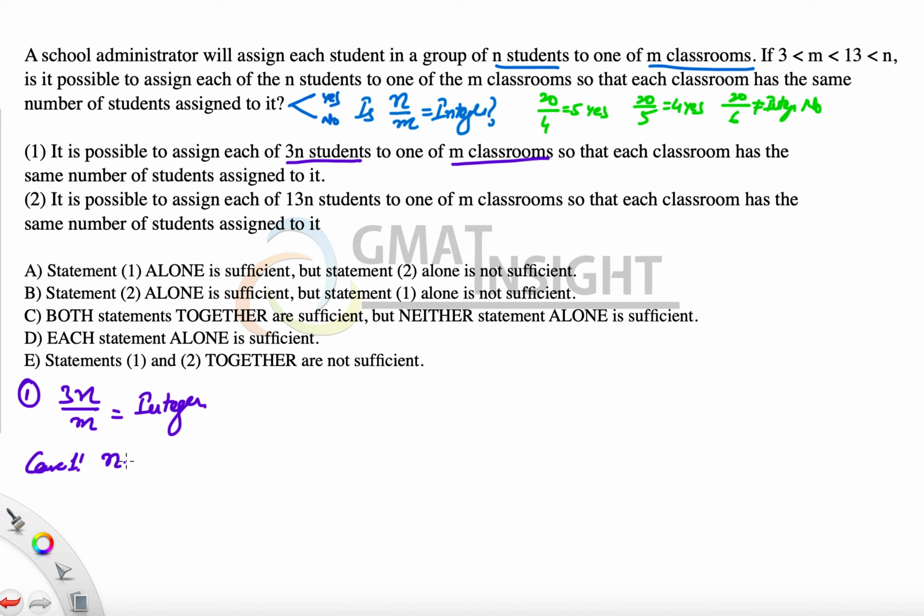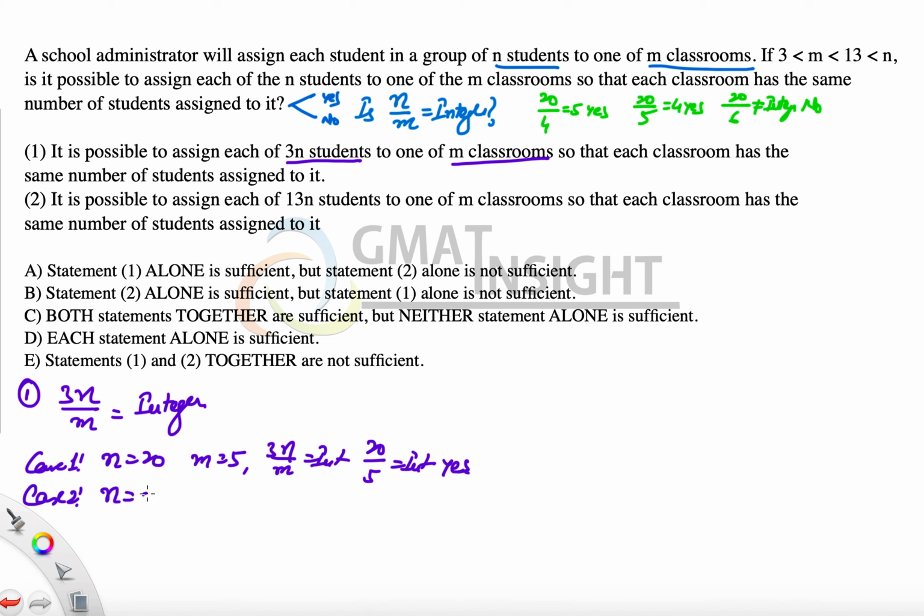So let me take one of the cases. I can take n equal to 20 and m equal to 5 so that 3n over m is an integer, because 3 times 20 is divisible by 5, and 20 upon 5 is also an integer. That means the answer to the question is yes. Now let's consider scenario 2.